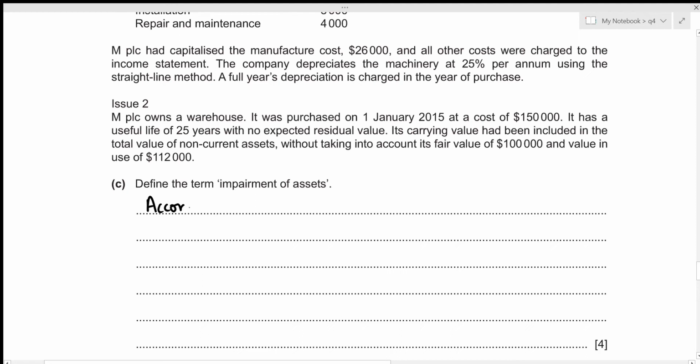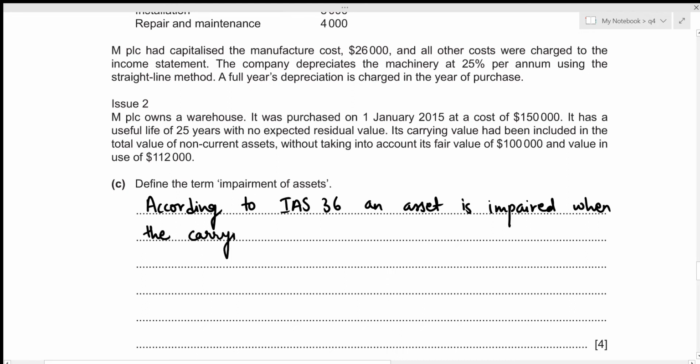According to IAS 36, an asset is impaired when the carrying amount of the asset exceeds its recoverable amount.